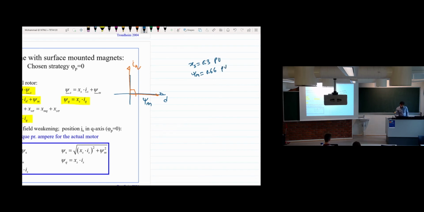And then we assume that the stator voltage max could be 1 per unit. And we want to have a torque of 0.5 per unit, which is the reference torque. And we want the speed of the machine to be 1.2 per unit.